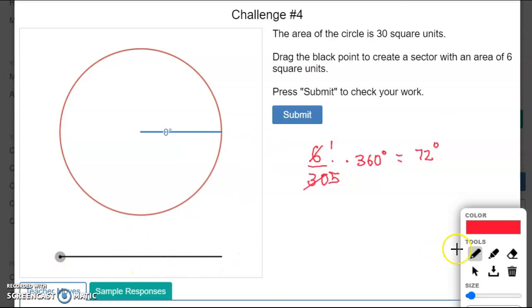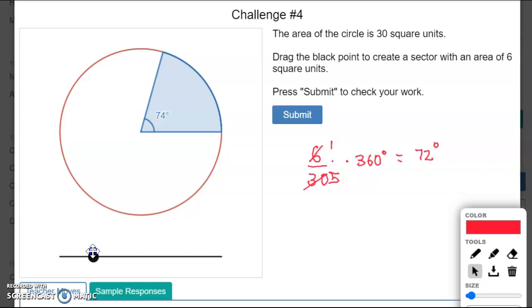So I can move that, or I can eyeball it. 1/5 will be, well, a quarter would be this, so 1/5 will be smaller, maybe like this. Or if I have the number, I can do it more accurately.